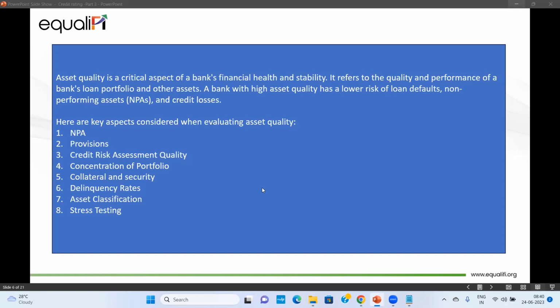So how do you ensure collateral and security? What is the process? Question to everyone. How do you ensure this? Proactively.